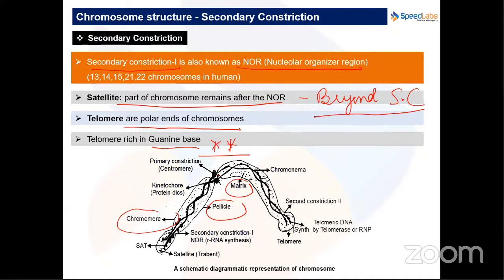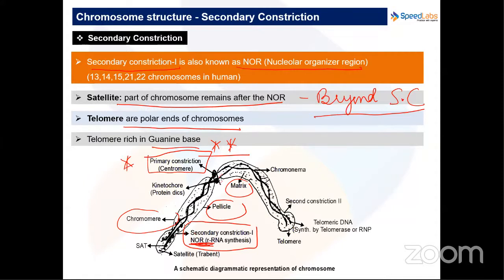The initial constriction, where it becomes narrow, where the point of attachment is and where you have the kinetochores, is the primary constriction. An additional constriction apart from the primary constriction is called the secondary constriction. This is also called the nucleolar organizer region.